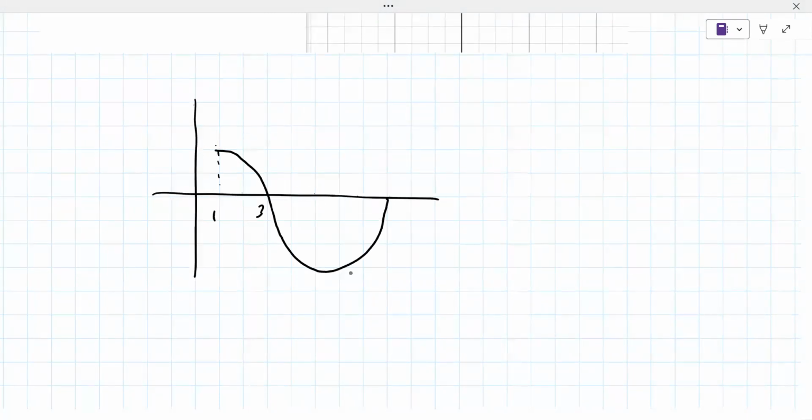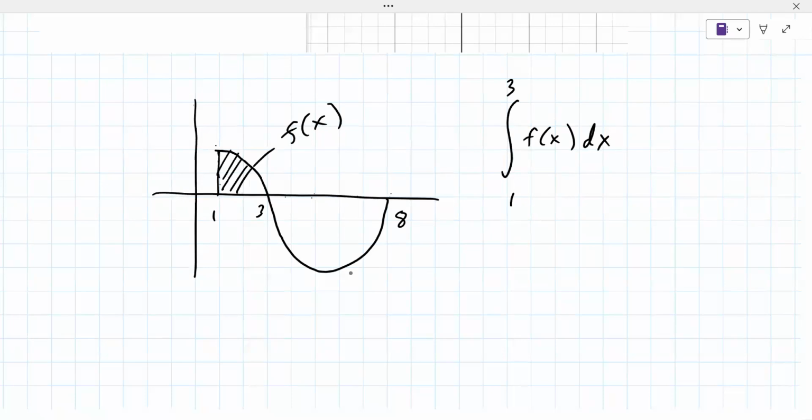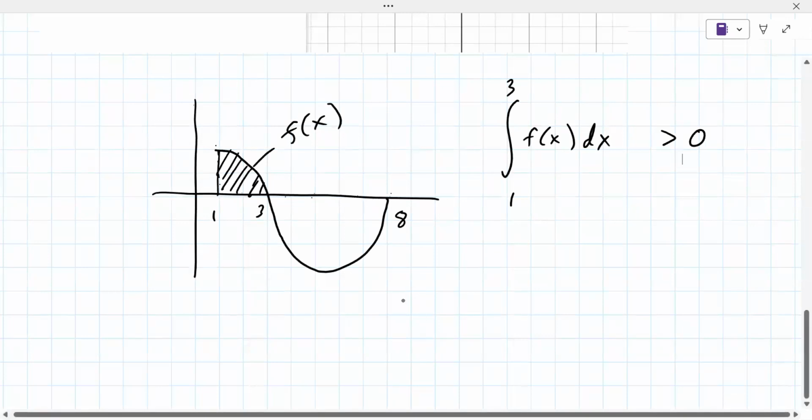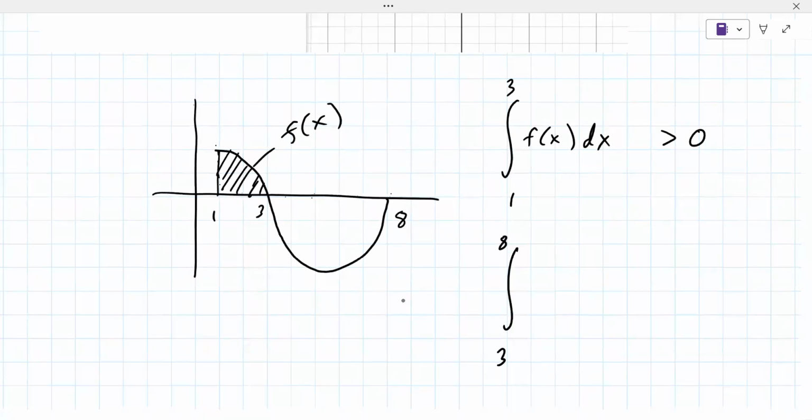So 3, 4, 5, 6, 7, 8. Consider this f of x. The integral of f of x from 1 to 3 dx is this area under the curve. I don't know what it is, but do you agree that it's greater than 0? It's positive. And the integral from 3 to 8 of f of x dx is less than 0 because it's below the x-axis.